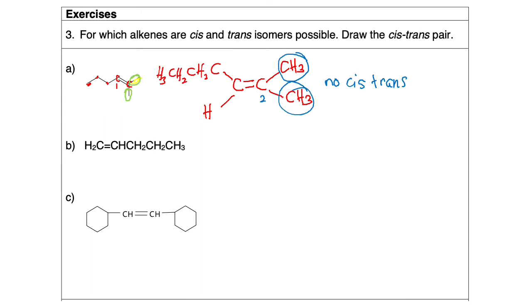So for question B, this is it. Okay. This is carbon 1 and this is carbon 2. Tapi kalau awak bijak, awak tengok carbon 1 itu dia ada 2 hidrogen. So of course kita tahu dia tak boleh ada cis-trans. So you can just direct write no cis-trans.